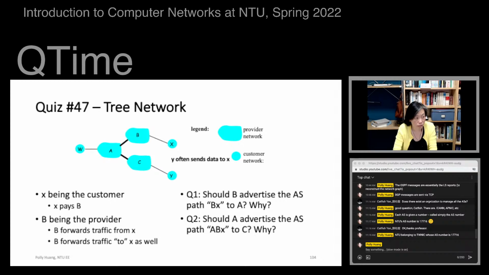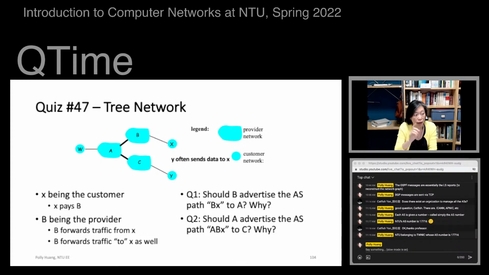X is the customer of B, and X pays B. B, being the provider, is responsible for forwarding traffic coming from X to the rest of the internet. B is also responsible for forwarding traffic to X, traffic coming from the rest of the internet with destination X.